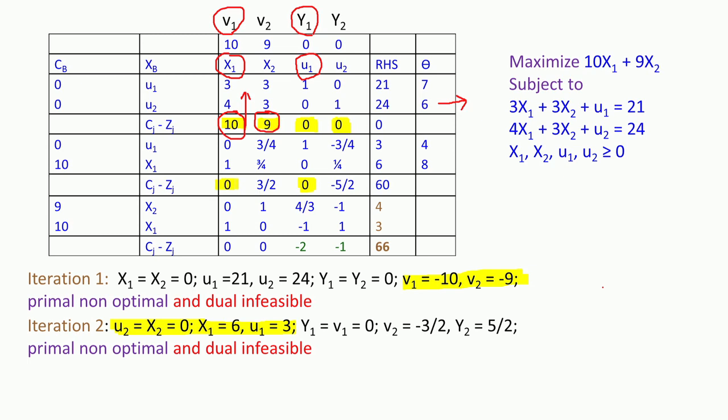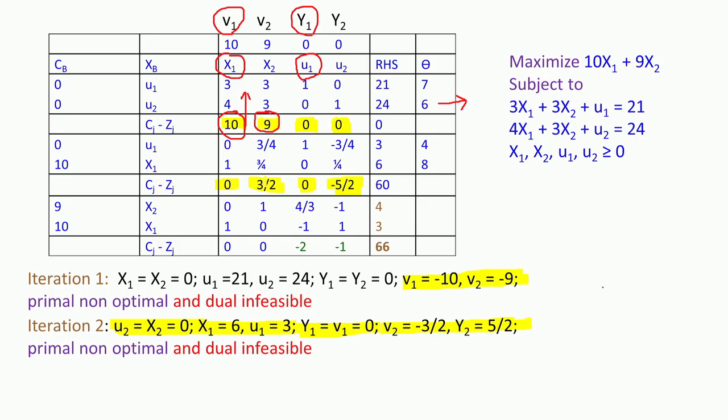Now if we apply the complementary slackness with y1 and v1 as 0 and we write the dual and solve for y2 and v2, we will get y2 is equal to 5 by 2, v2 is equal to minus 3 by 2. So go back and see that 5 by 2 is shown as minus 5 by 2 here, as I said negative of the Cj minus Zj, and this minus 3 by 2 is shown as 3 by 2, which is the negative value.